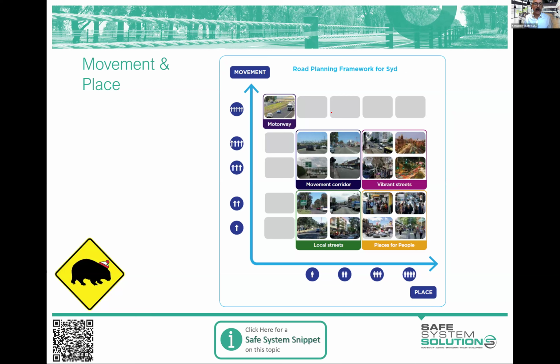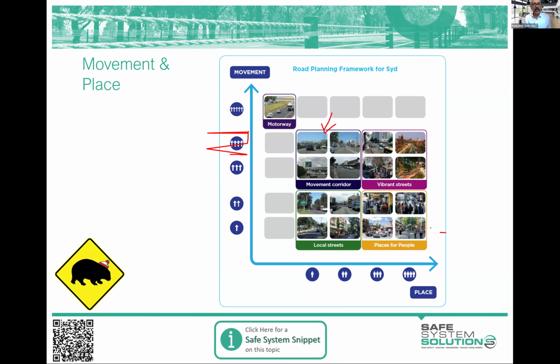If you had a high movement corridor, an area where you're really trying to create higher movement, it's not got a lot of place value, but you do local area traffic management, speed humps, bring speeds right down to 20 kilometers an hour or so for a vehicle, you're really impacting on the movement of that area.